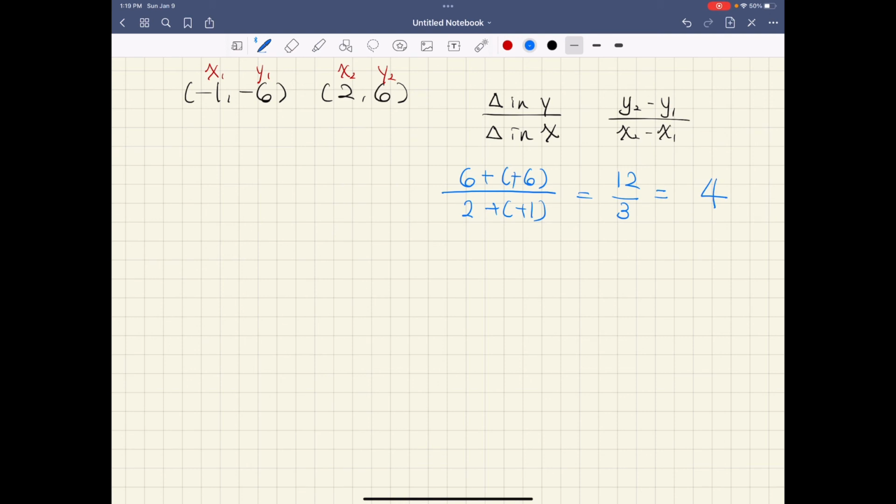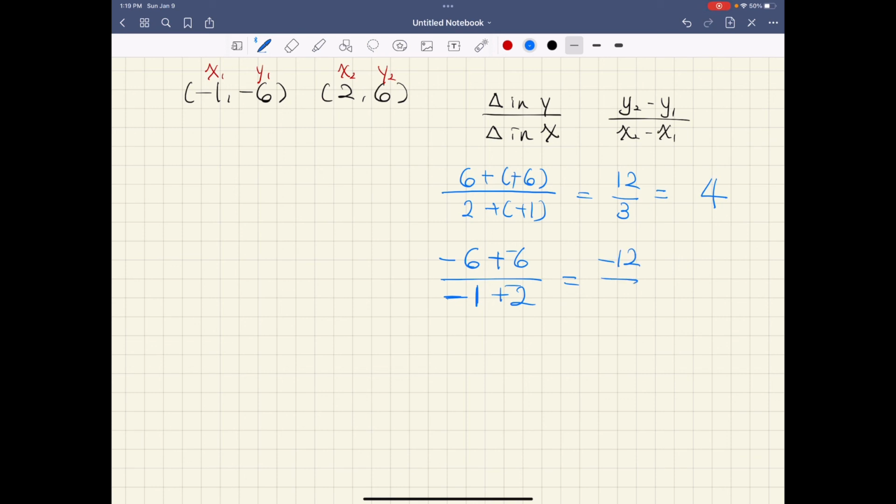The slope is 4. Then you might ask me, what if y1 minus y2 over x1 minus x2? You can do that. Let me try. Negative 6 minus 6 over negative 1 minus 2.